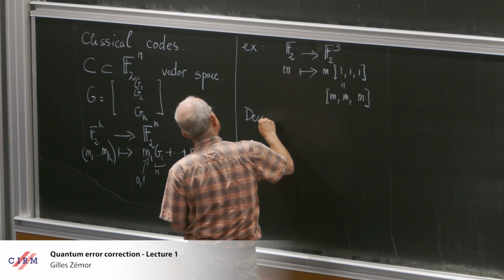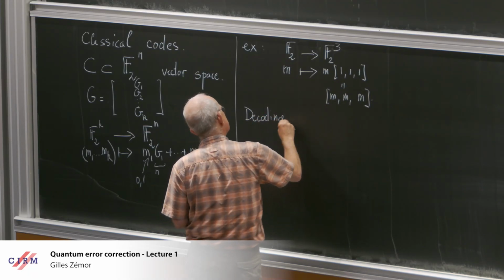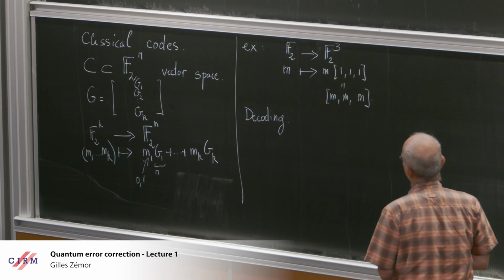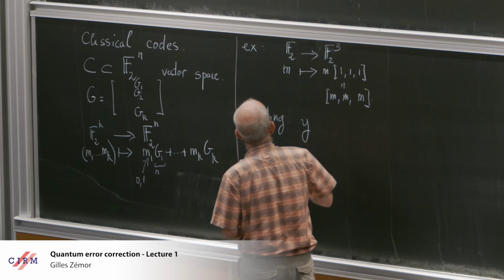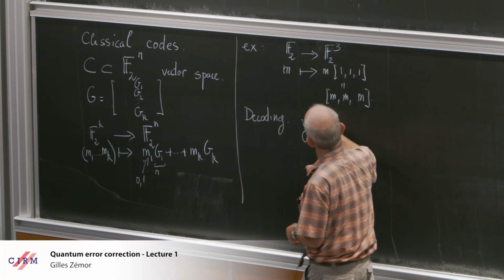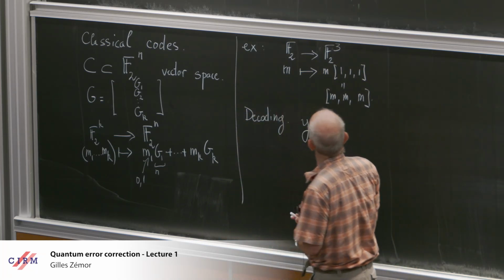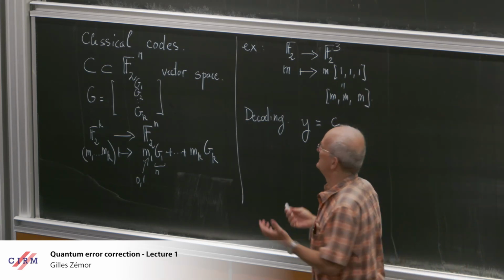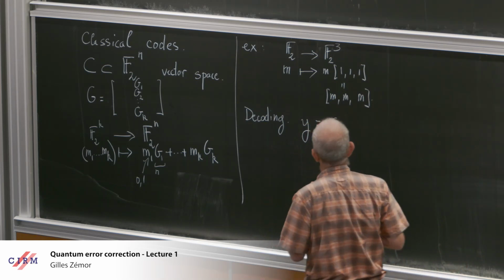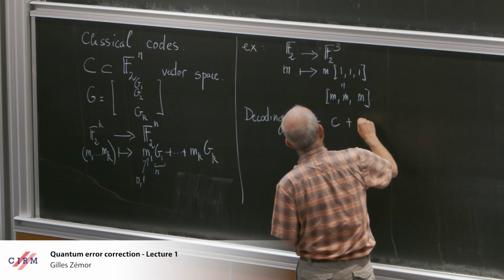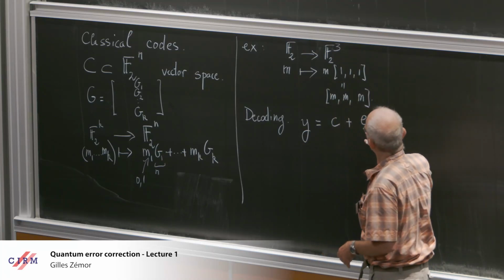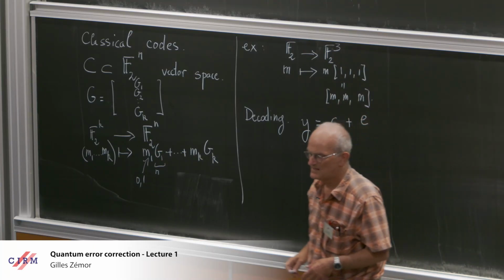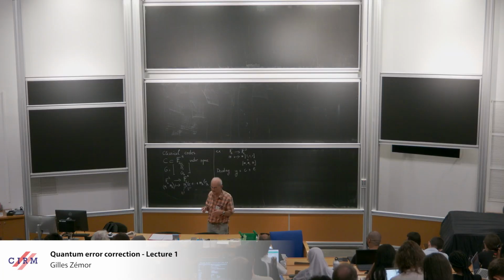And then, what is all this for? It's to solve the decoding problem. So what is the decoding problem? Errors occur. So you start with a code word C, and then this code word gets tortured in all sorts of ways. Noise gets added to it. So you're given as input a code word which is corrupted by a vector E, and the vector E, the error vector, you think of as an error of small weight.